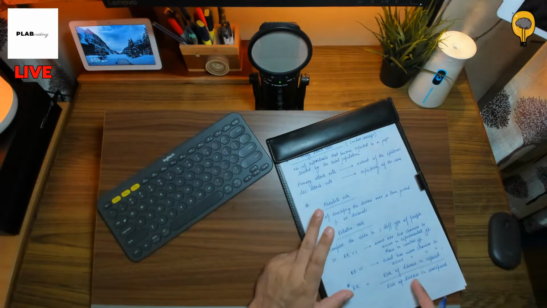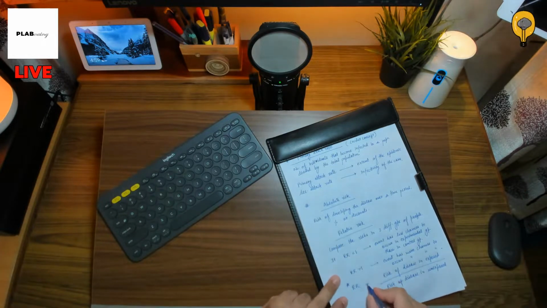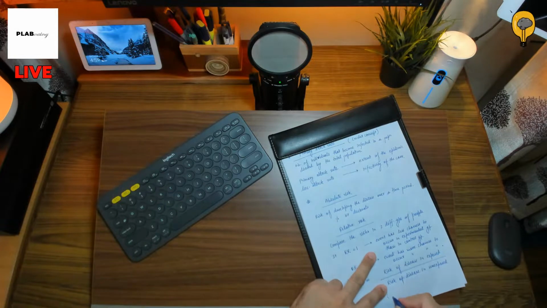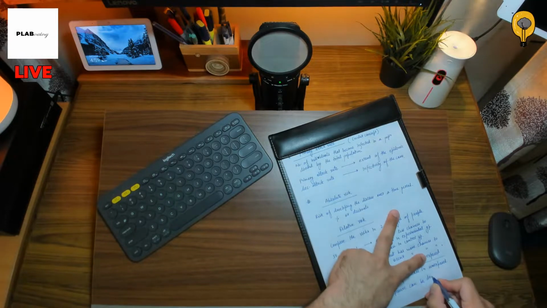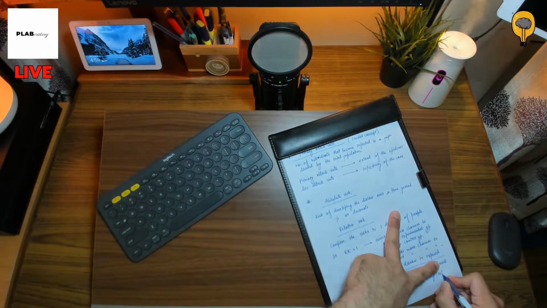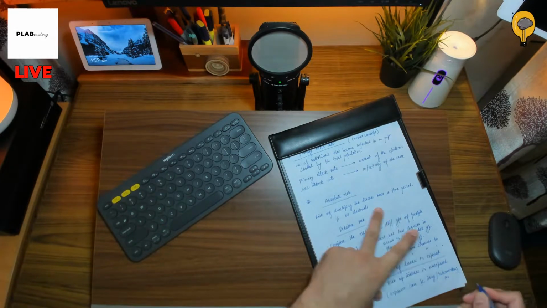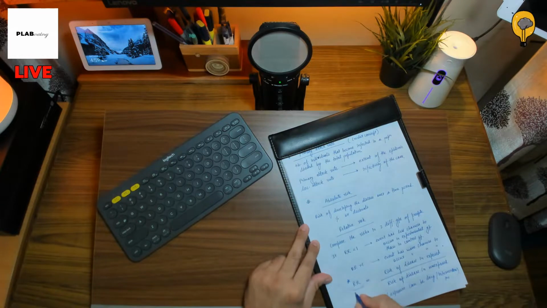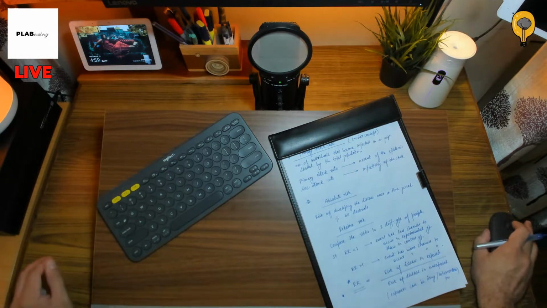So exposure can be an intervention as well. So this is one formula.